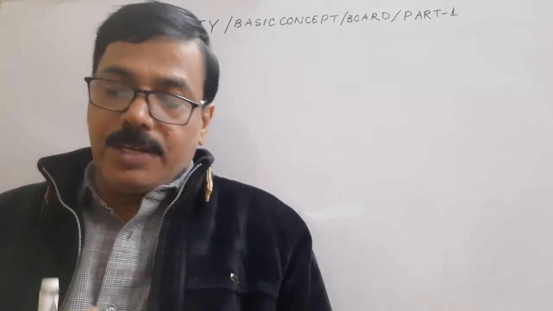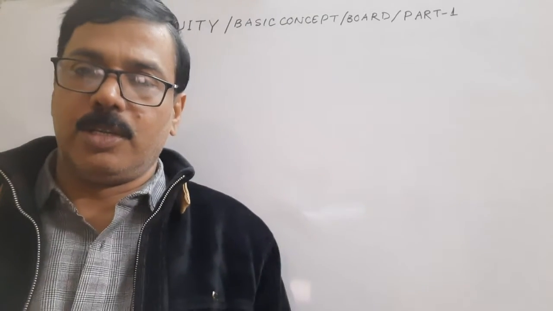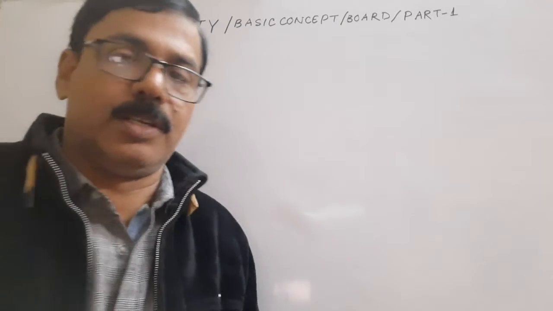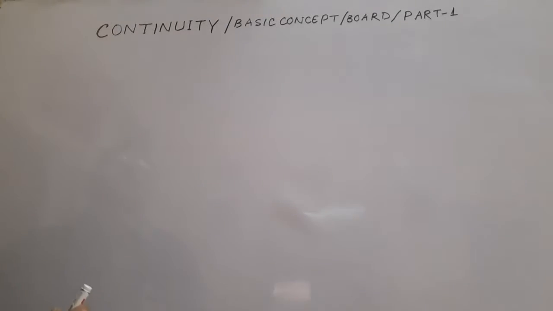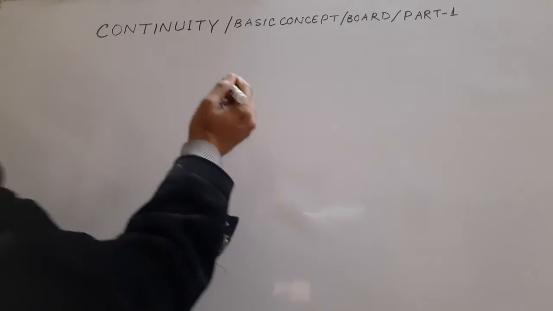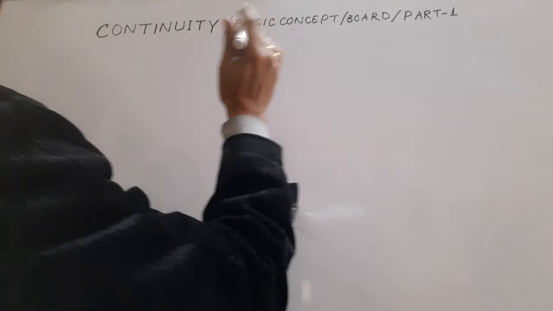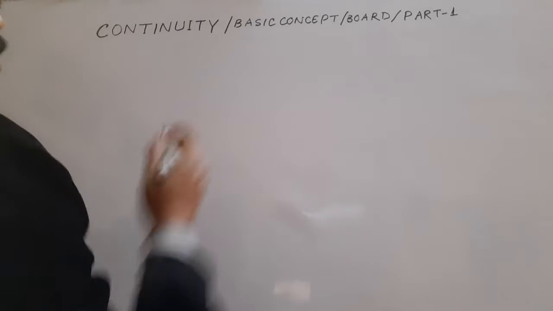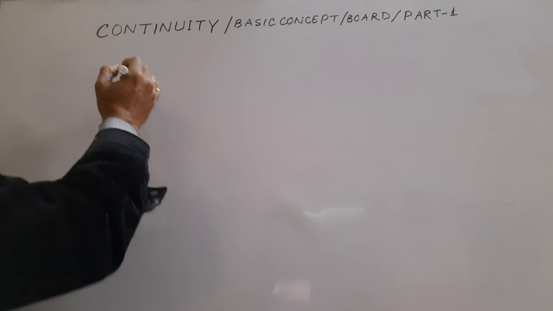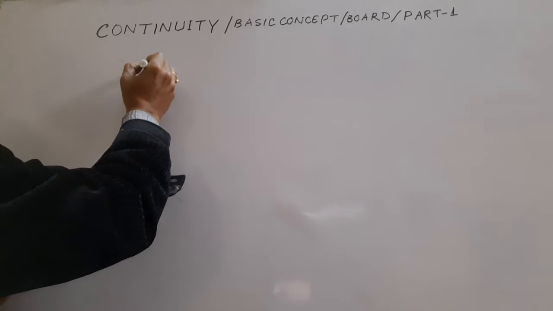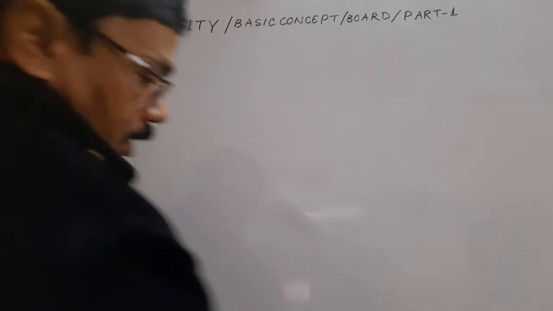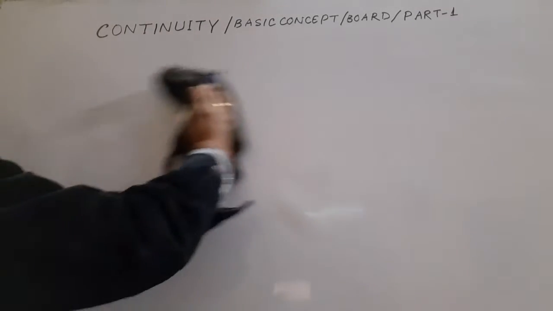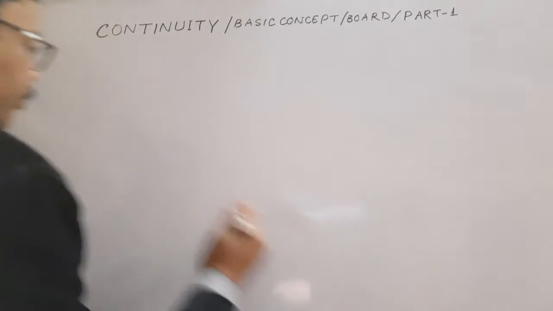I have already discussed that it is totally based on limit. So let us recapitulate the theory of limit. We have already discussed this chapter, so try to understand the facts. So right hand limit, left hand limit.